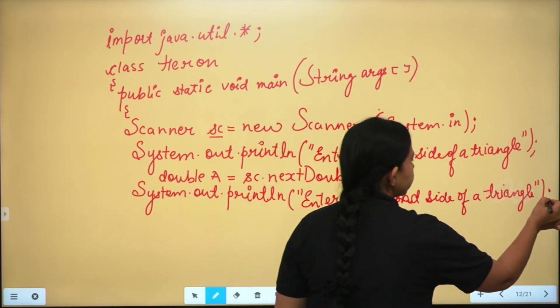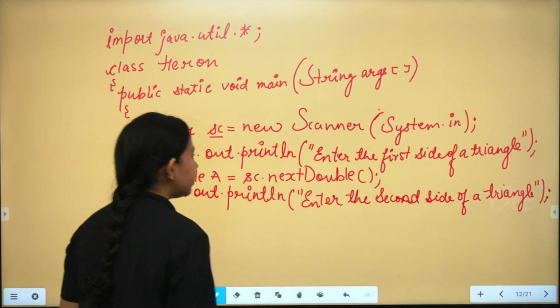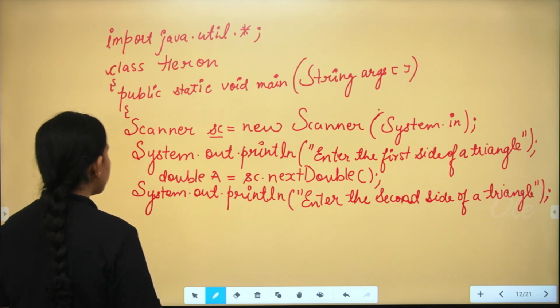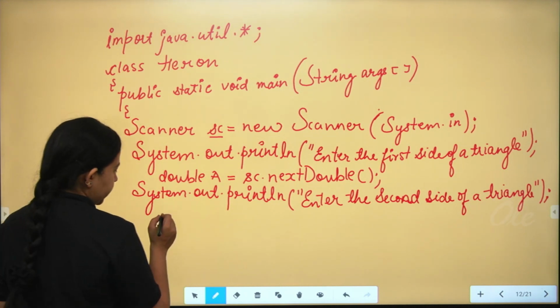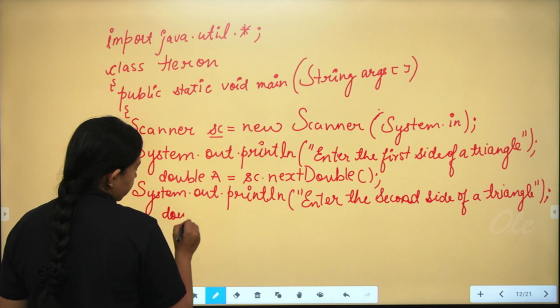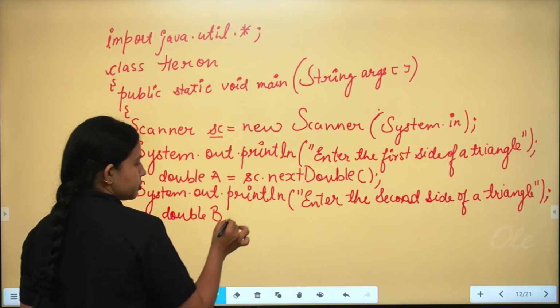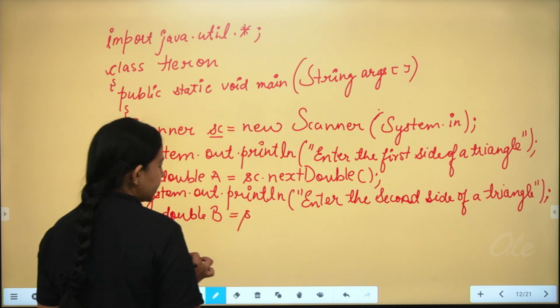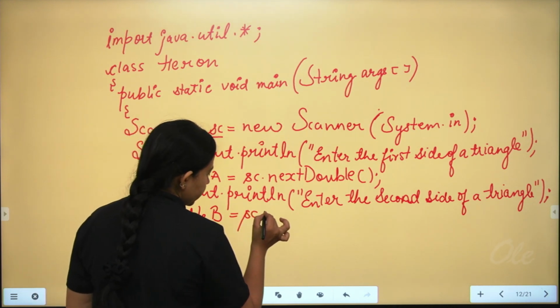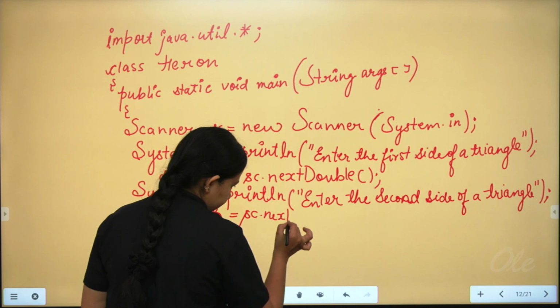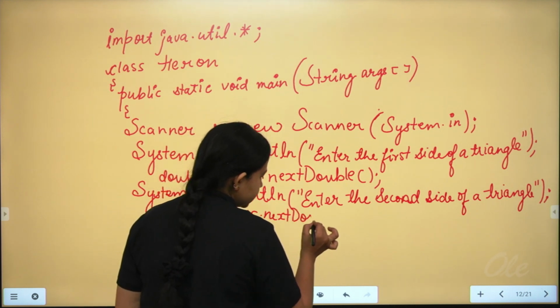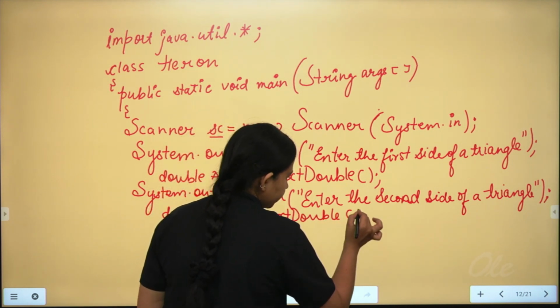Don't forget to terminate the statement with a semicolon. They are known as punctuators and separators. So now it's time to store the second value in the variable B. Once again it is also a double, so we call the nextDouble method, where D is capital.